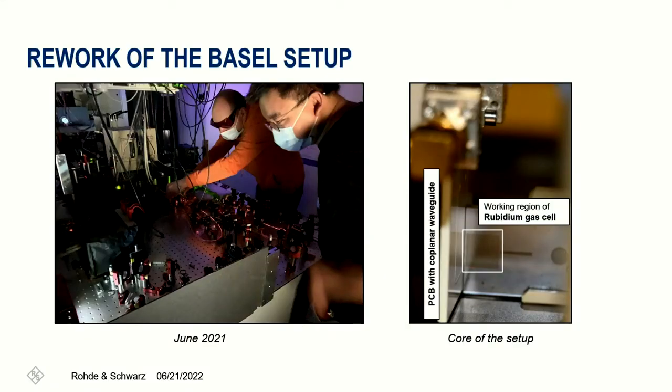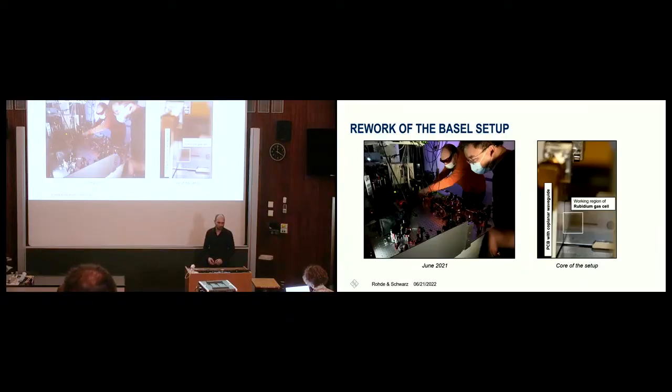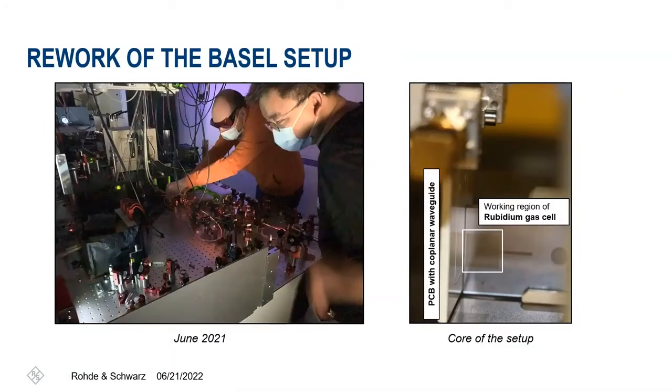Okay, when we started the project with the University of Basel, I visited their lab for some time, and together, I helped Yongqi rebuild the setup for doing the spectrum analysis measurement. And on the right picture on the slide, you can see a close-up of the core of the experimental setup.